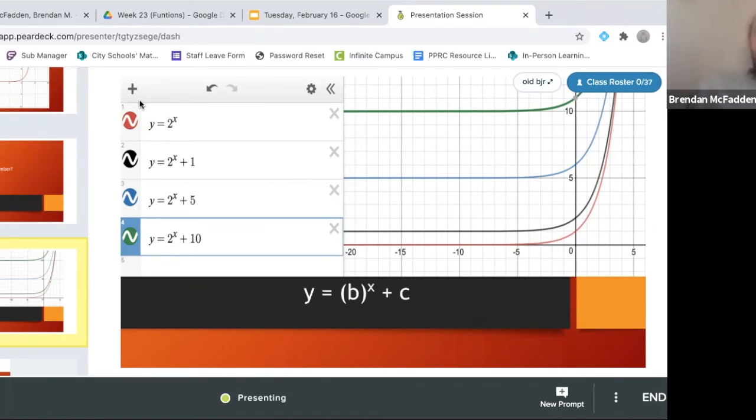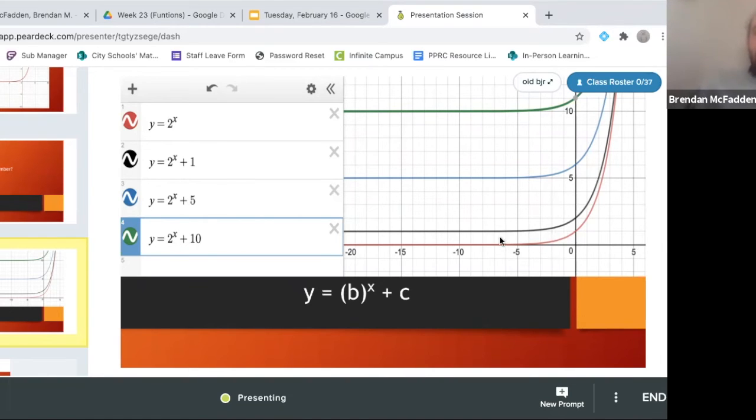So again, in our parent function, that's on y equals 0. And if you look closely, whatever we add or subtract to our function is where the asymptote moves. So if we're looking specifically at 2 to the x plus 1, our asymptote is now on y equals 1. So the entire function shifts up vertically. So again, it moves up vertically.